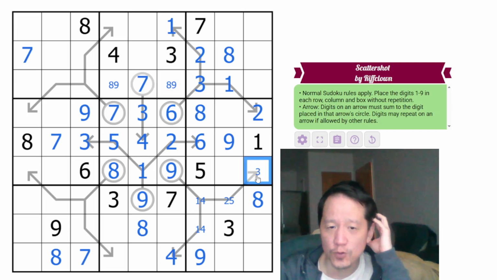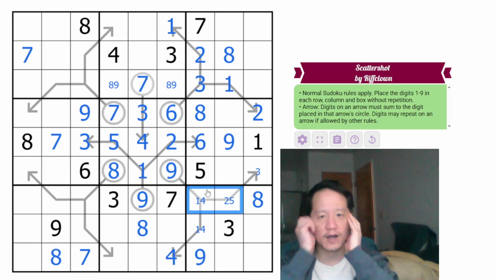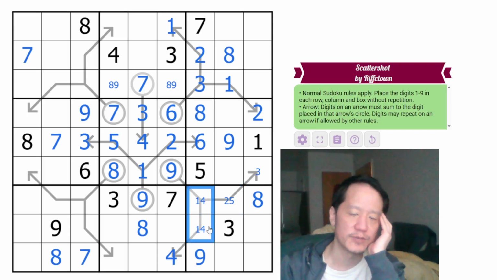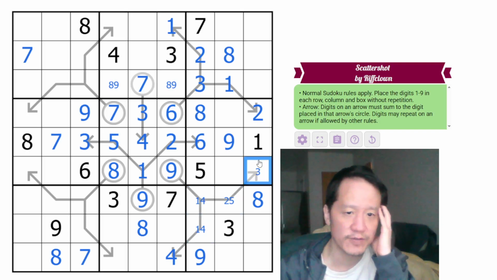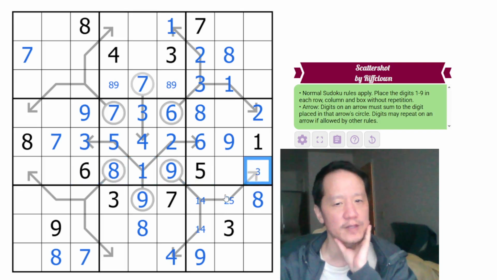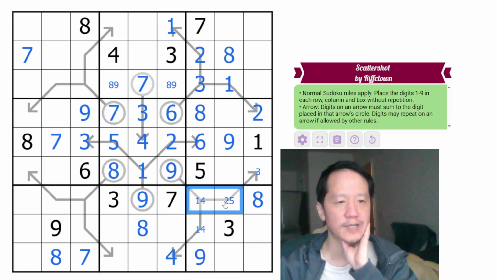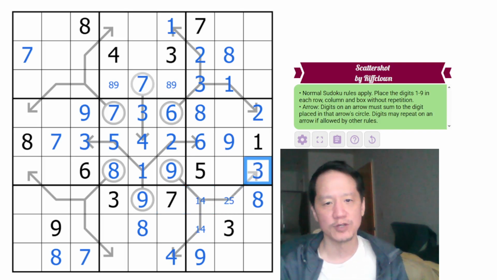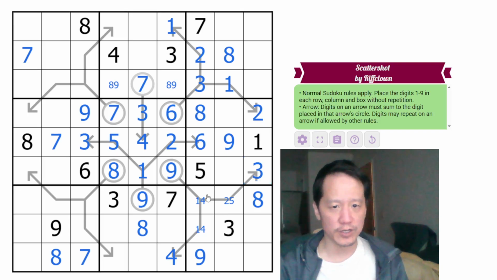If this is 4, you need these two to add up to 5. And we know these already add up to 5, so that's not possible. So this cannot be 4, and it can't be 5 or 6. It can't be 7, because if this is 7, this is at minimum 1 and 2, which would add up to 10. So this has to be a 3. So this is 3, and this is either 1, 5, or it's 4, 2.